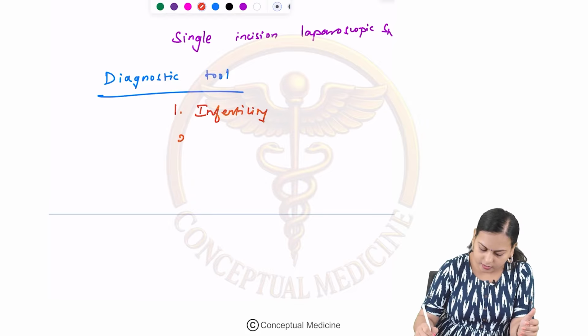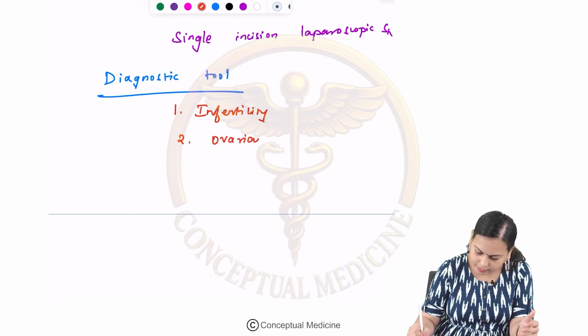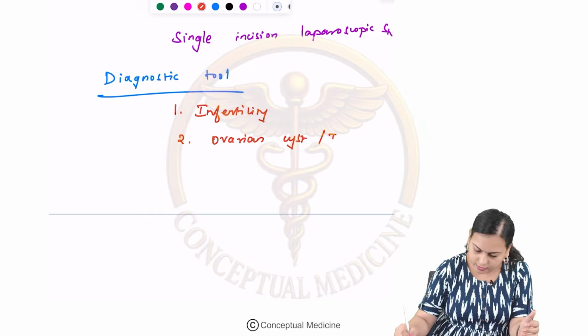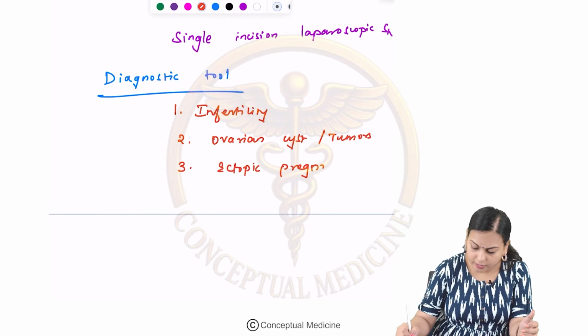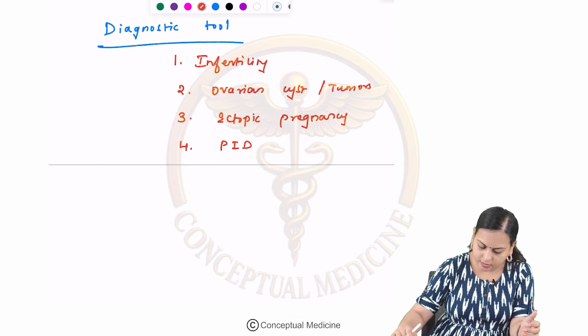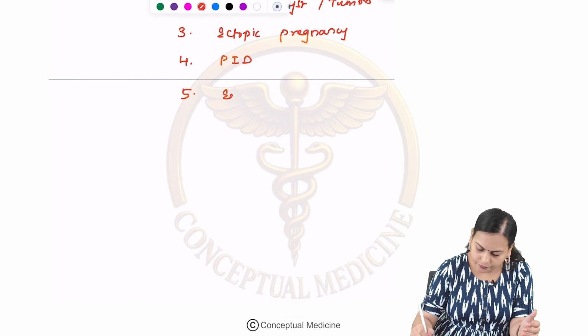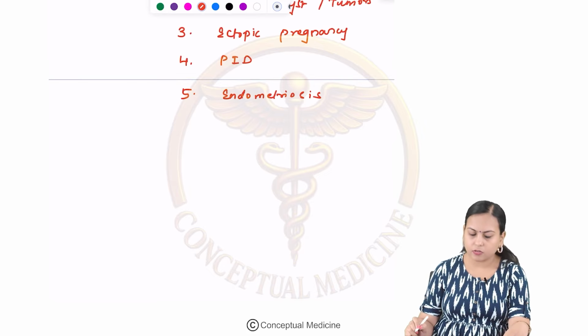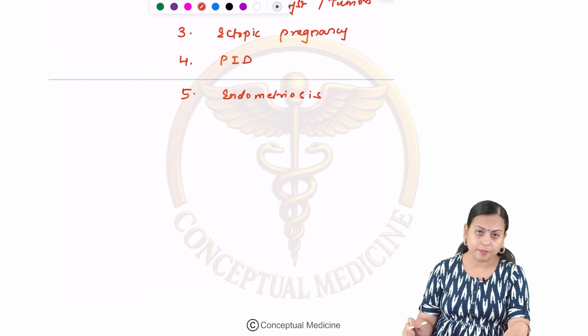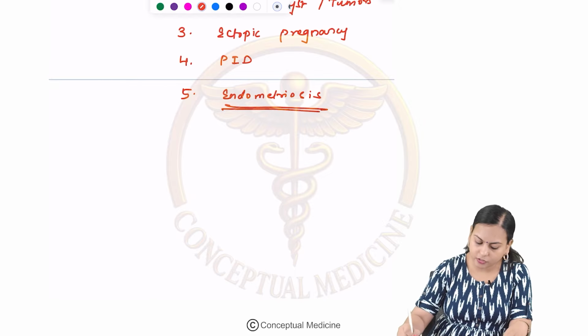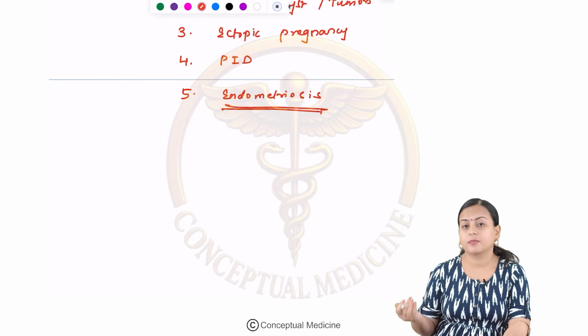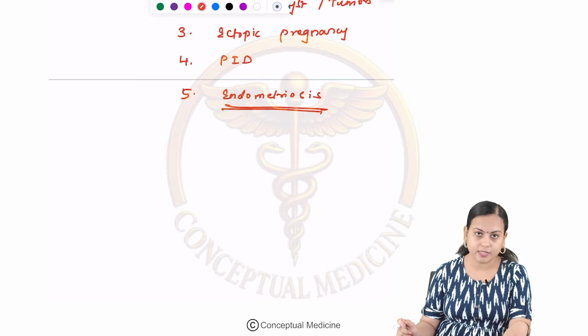Then we can even analyze the presence of ovarian cyst or tumors, any ectopic pregnancy diagnosis if needed, or even pelvic inflammatory disease, and also endometriosis. Okay, it also defines the site of implantation of the endometriosis and the presence of endometrioma, that is endometrial cyst in the ovary.